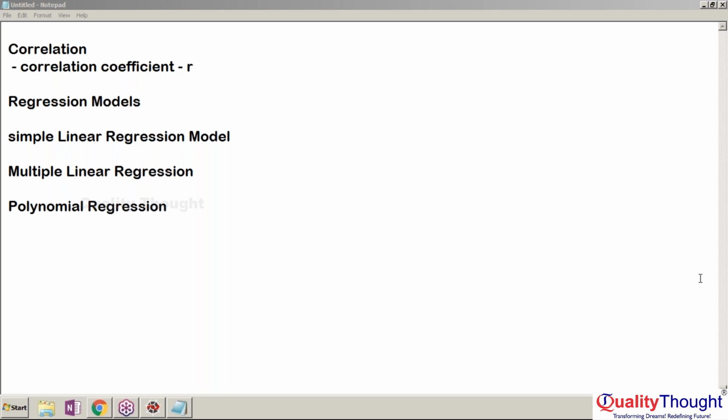See, anything you take up, you will have only one response variable. So here the polynomial regression is the one which we are trying to handle. And in the polynomial regression, we will have multiple terms here with us. Even though we have multiple predictors within the polynomial regression, generally whenever we have multiple predictors, we will go for the multiple linear regression.